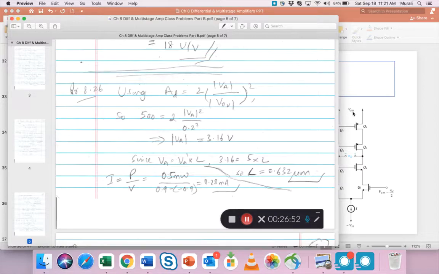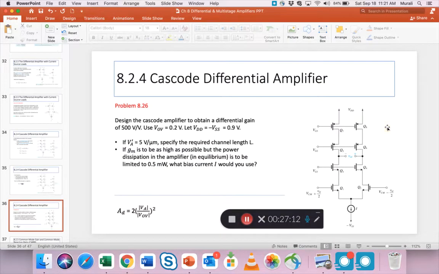So that's a positive 0.9. This is a minus 0.9. So if you take the minus, it actually becomes a plus on the denominator. So it's 0.5 divided by 1.8. That gives you 0.28 milliamps as the bias current here. Okay. So that wasn't too difficult a problem.